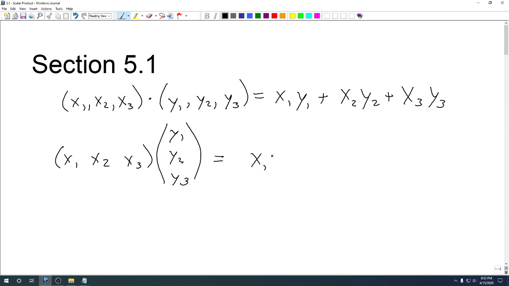And the one entry in there is exactly the same product that we see up above, x1 y1 plus x2 y2 plus x3 y3. Since it's only one number in a 1 by 1 matrix, we're just going to say it is that number. We're not going to put parentheses around it or anything like that.